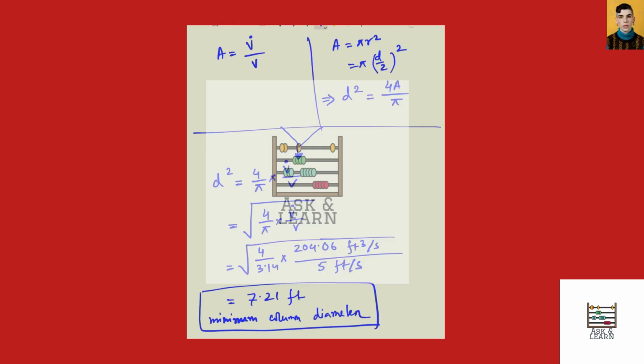Okay, then next we need to calculate the velocity of vapor at the bottom of the column.